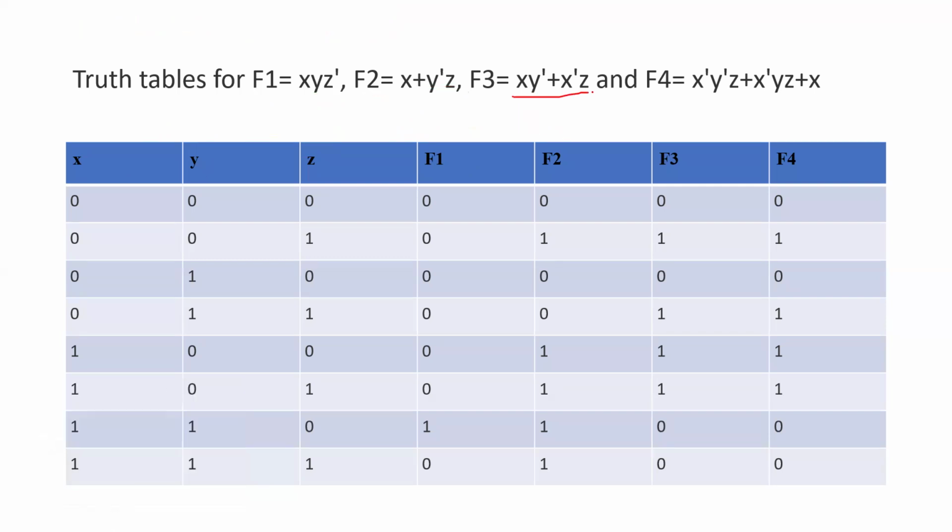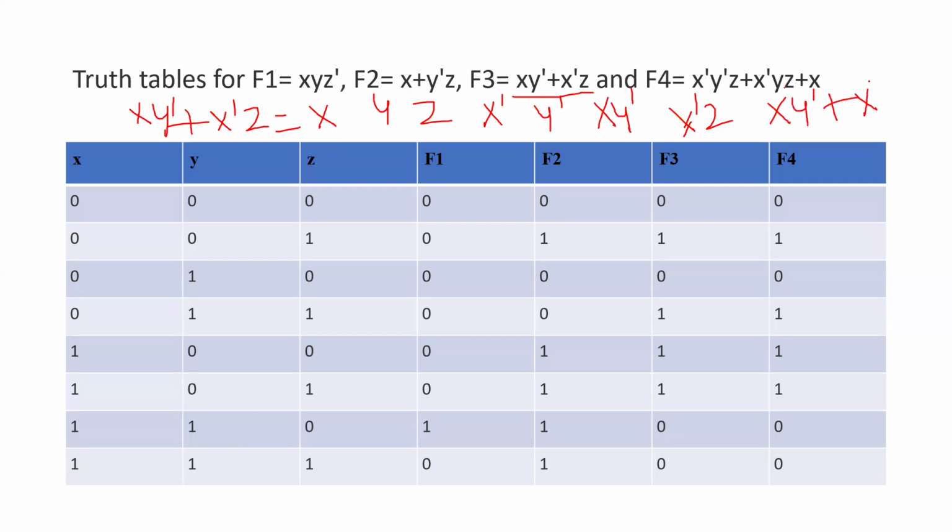After that you can do. Now xy bar plus x bar z, what is the value? First we write x, y, z, and x bar, and y bar, and we have to calculate xy bar, and x bar z, and then x bar y bar plus x bar z we need to calculate.